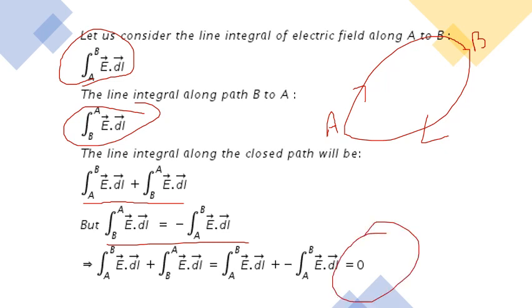So the field is conservative. If the fields are conservative, then on reversing, the work is the same in magnitude. Hence, over a cyclic path, the total work is 0.